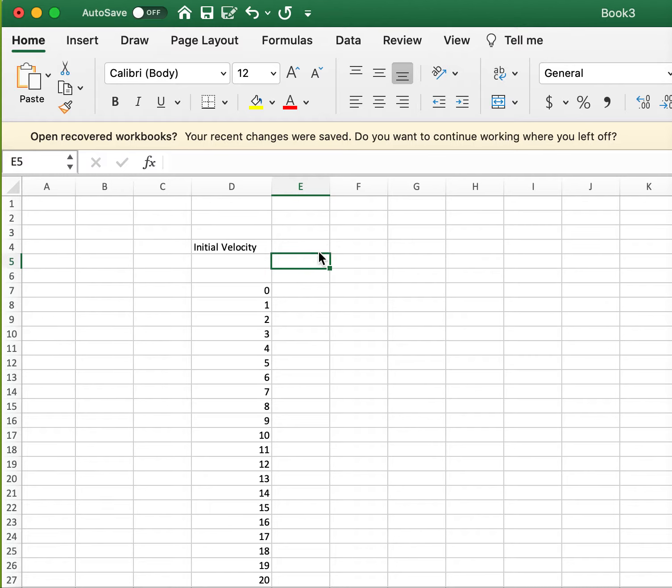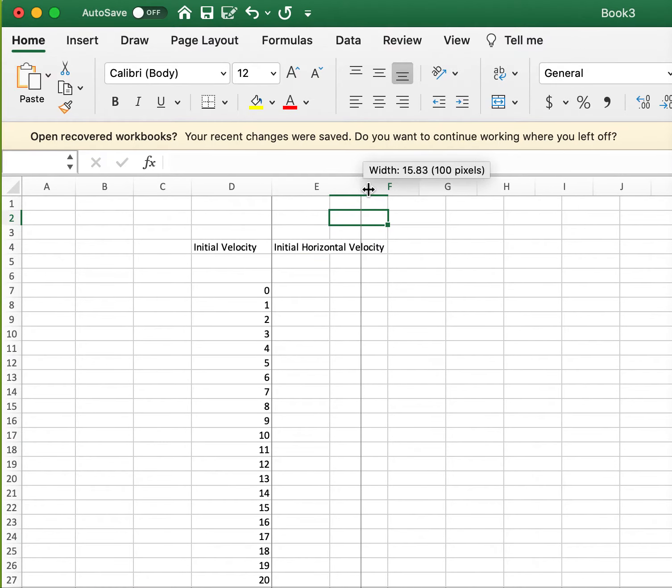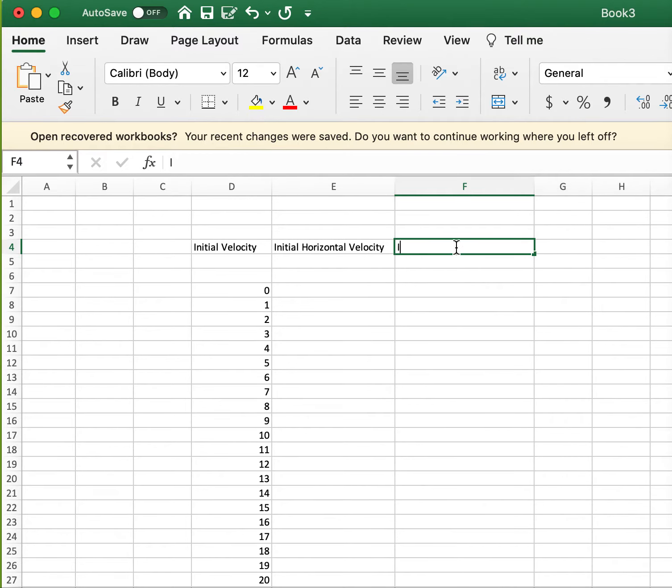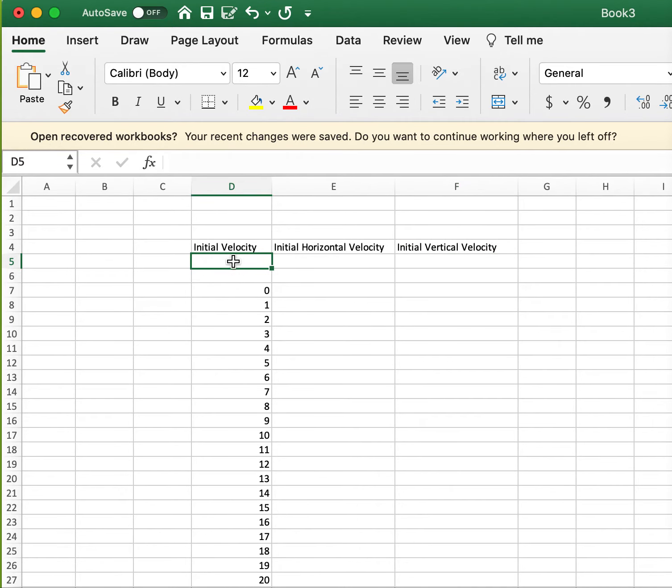I want to set up the horizontal, vertical components of that velocity though. Now I'm just going to write in the formula above the column.